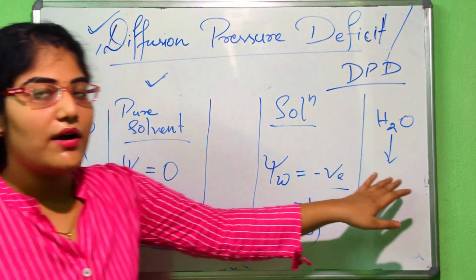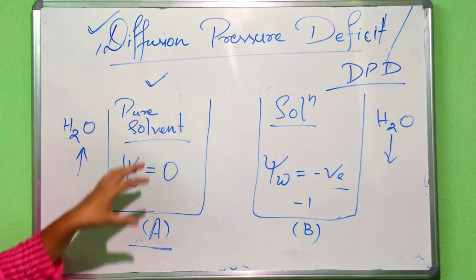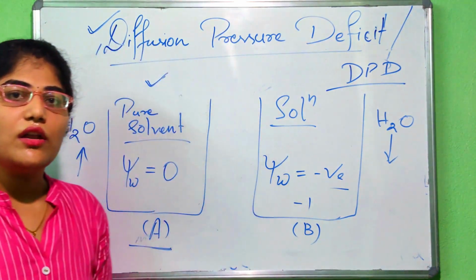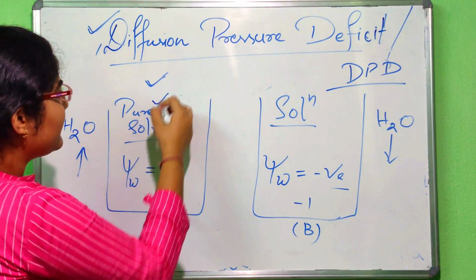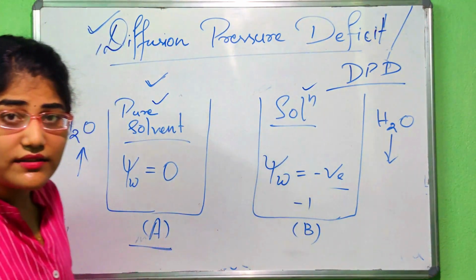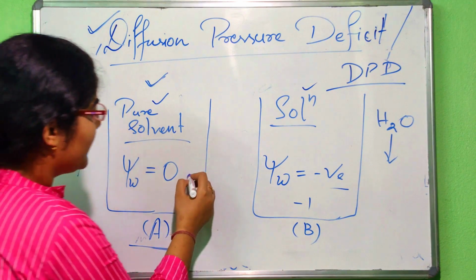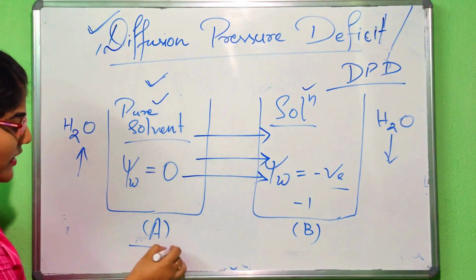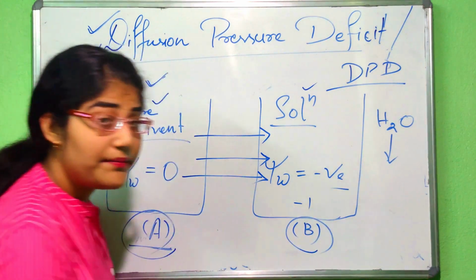In water potential we study that water always moves from higher concentration towards lower concentration. So in this case, water moves from compartment A towards compartment B.